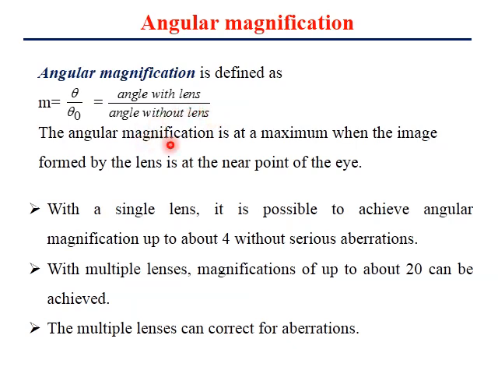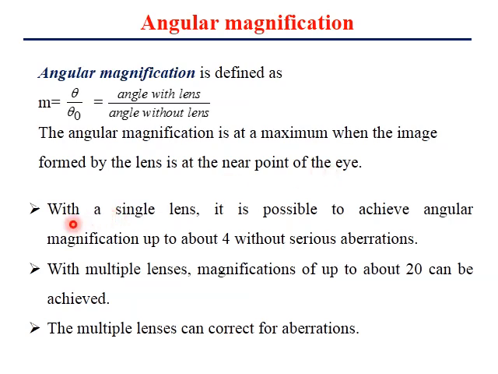Now the angular magnification is at the maximum when the image formed by the lens is at the near point of the eye. This near point, as already mentioned, is 25 centimeter for a human eye.